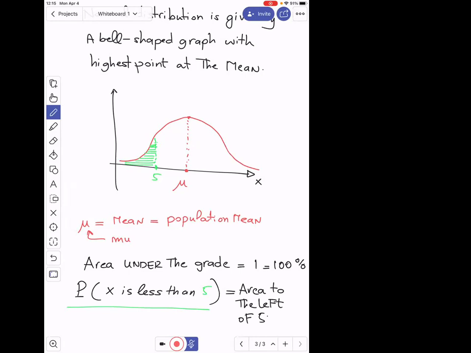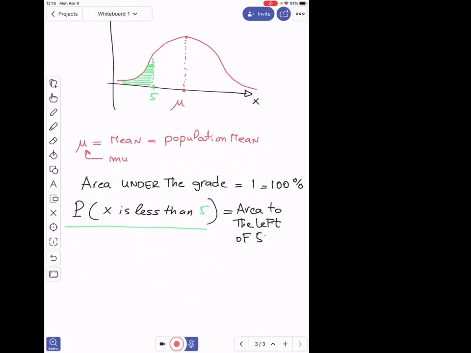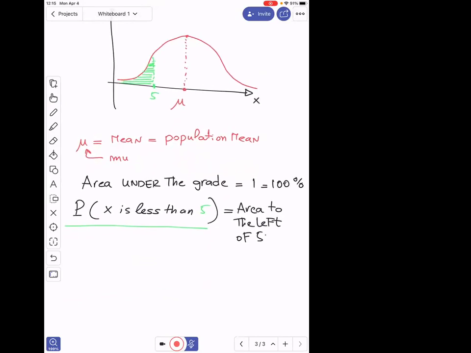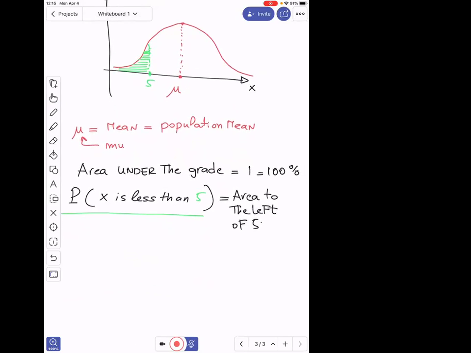Of course, the problem is how do we find such an area, the area to the left of 5? We'll see in a minute in our exercise how to do that.